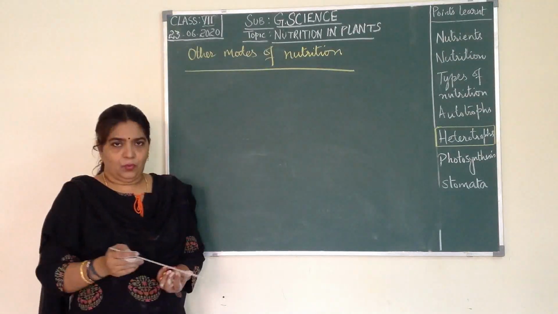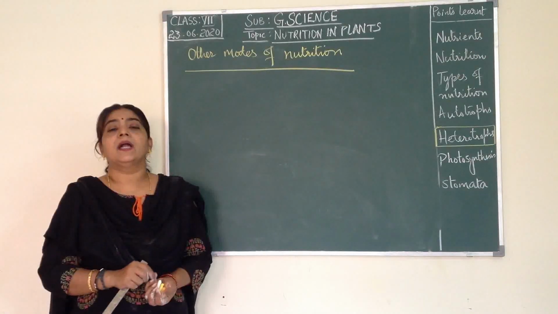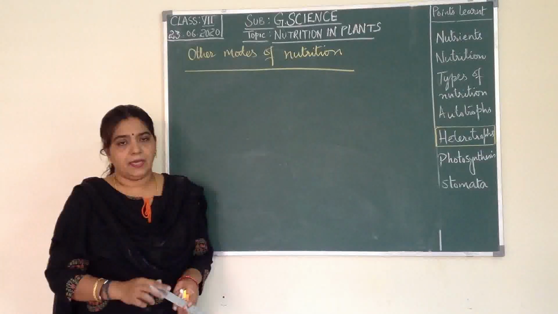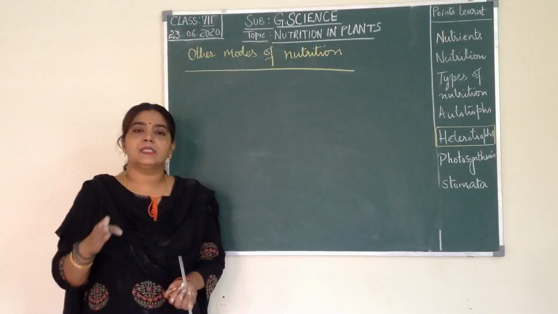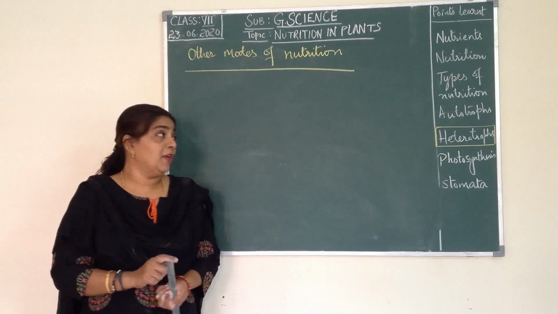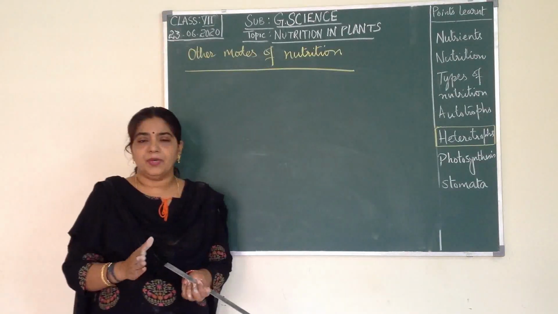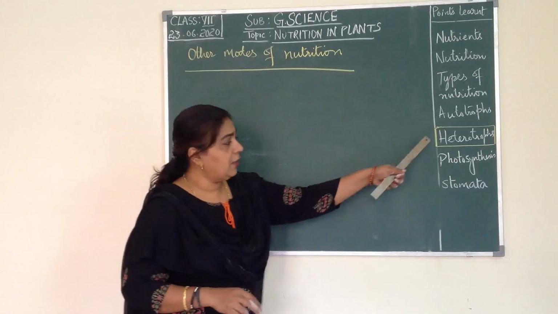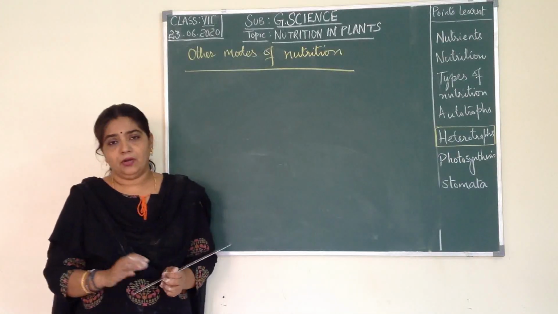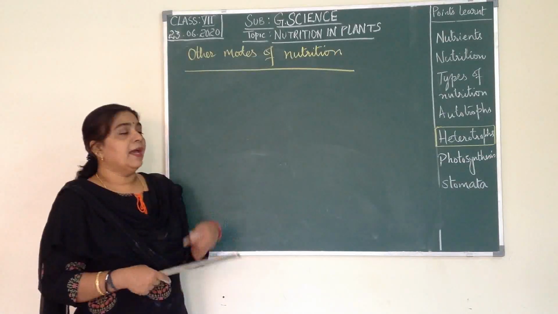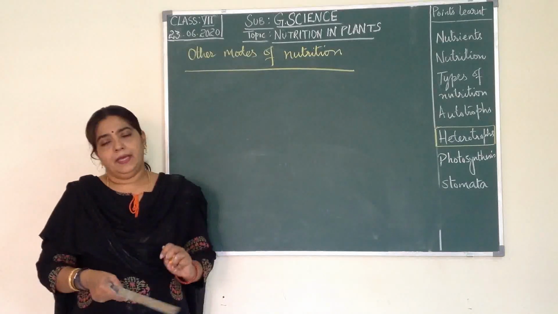Now if you recollect, we learned what are autotrophs. Autotrophs are the organisms which can prepare their own food. Auto means self, troph means nutrition. So these are the organisms which can prepare their own food. Whereas heterotrophs cannot make their own food. They have to depend on the plant either directly or indirectly.